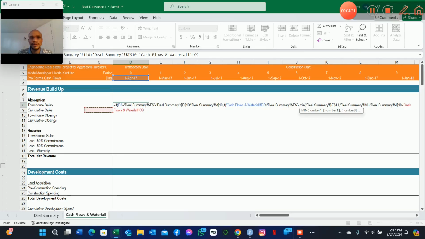So that's what we are saying in this formula. And then close that. Otherwise, 0, we are not going to sell anything. Close those two and we press enter.